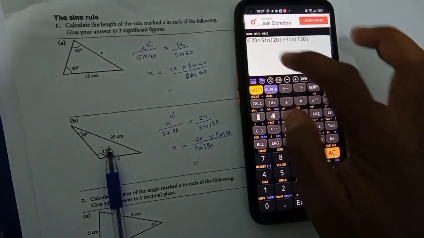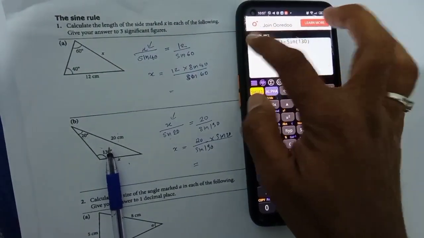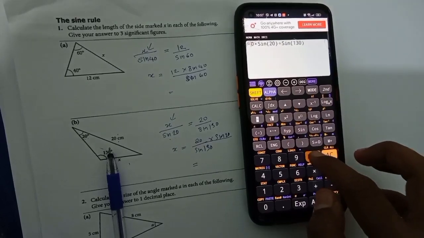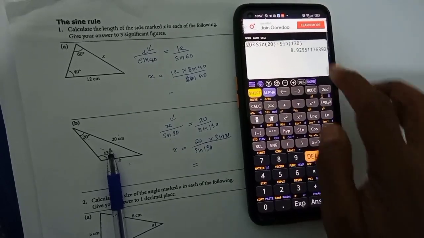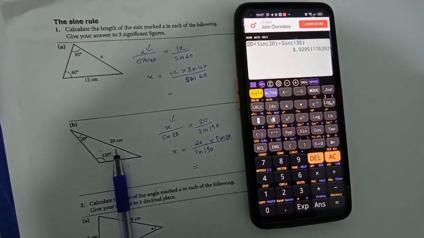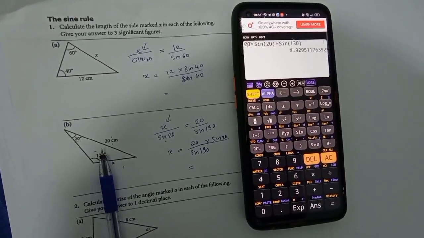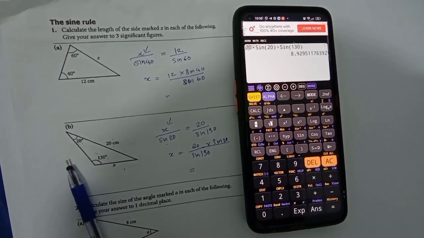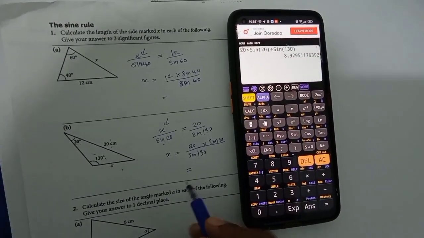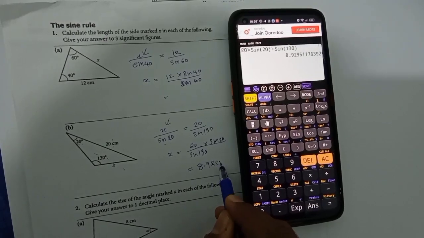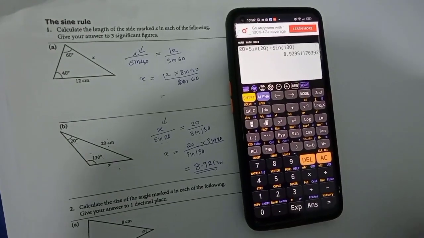Okay, here you can see the answer is 8.9 something, so you can write 8.92 centimeters.